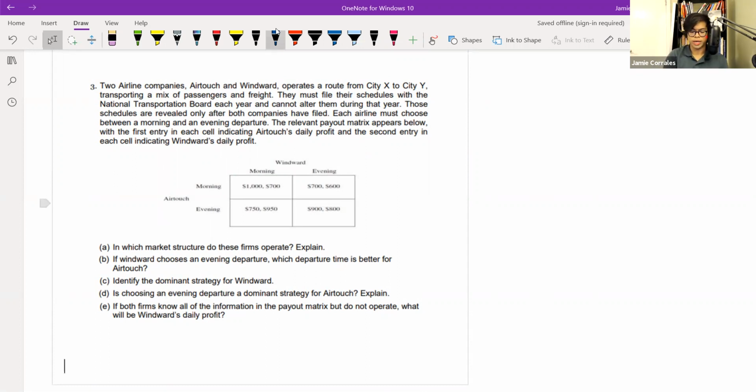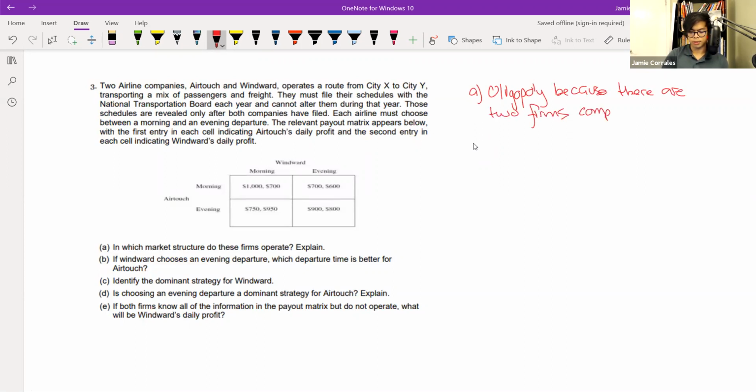The first question, A, is asking which market structure this is. It's clearly an oligopoly, because there are 2 firms competing in one market.